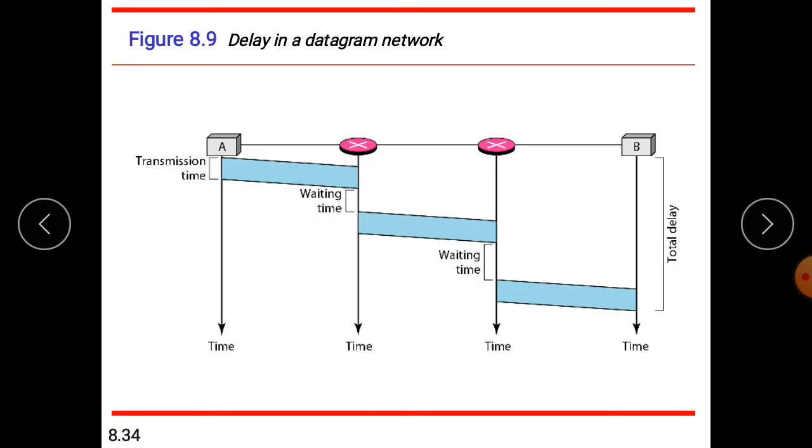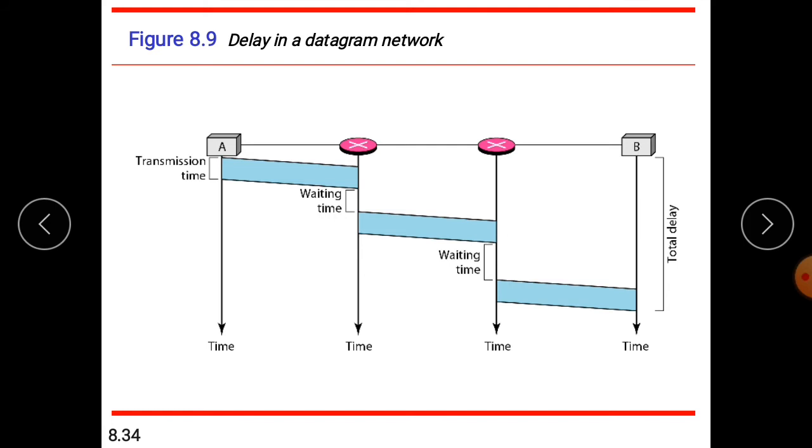The figure shows the delay associated with the datagram network. So here again there are two routers. Station A wants to send data to B. Here you can see along with each router there is a waiting time associated. So the packet will always pass through two switches.